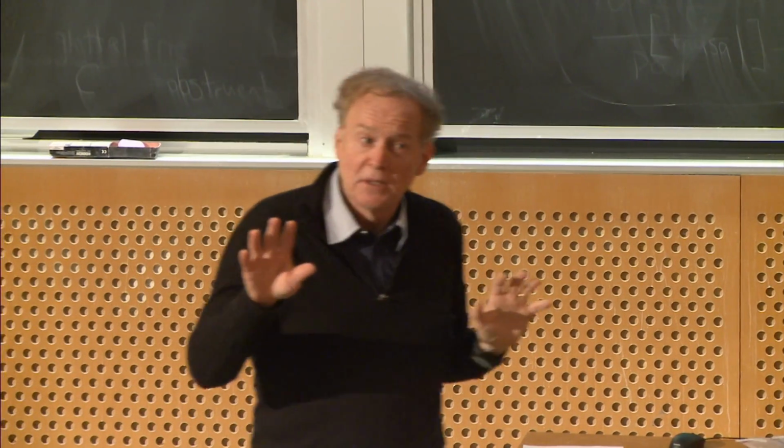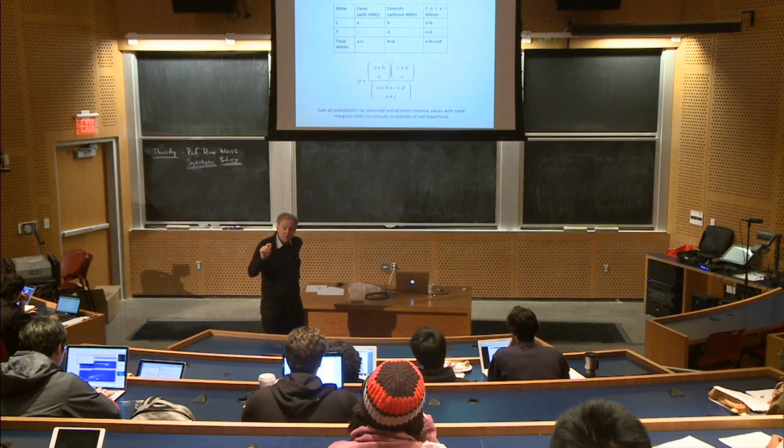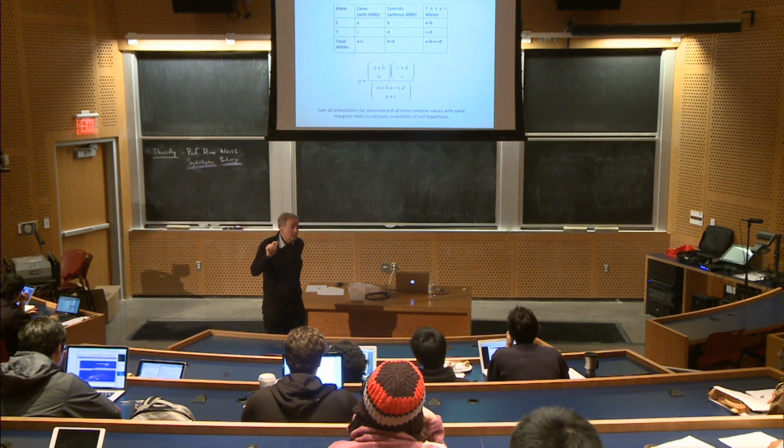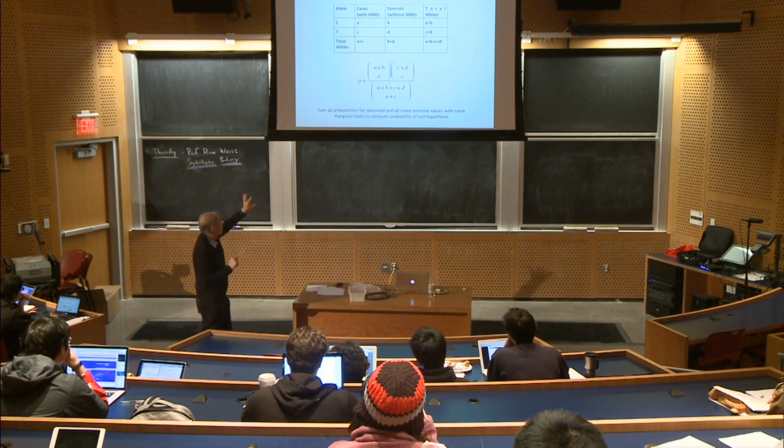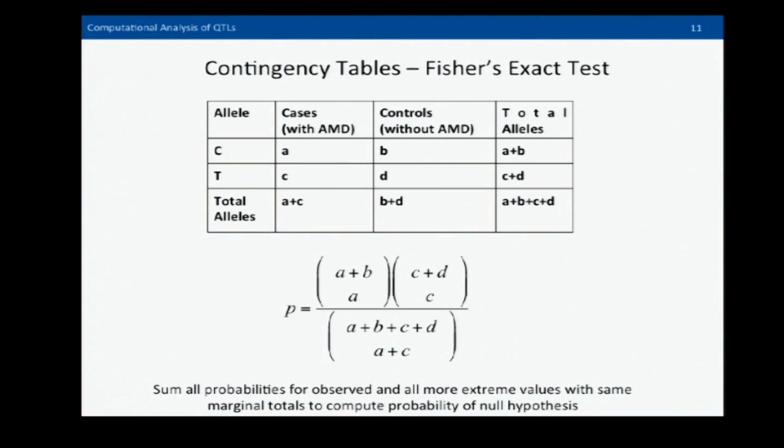And people, I'll let you digest that for 1 second before I go on. So this is the number of ways on the numerator of arranging things to get the table the way that we see it over the total number of ways of arranging the table, keeping the marginal totals the same.